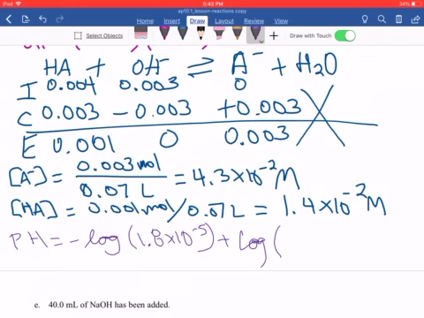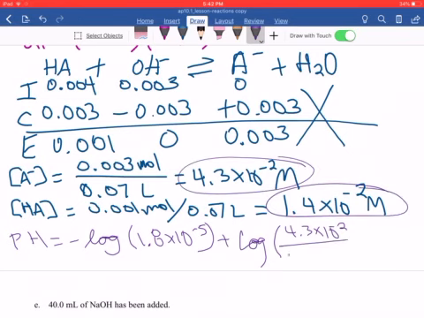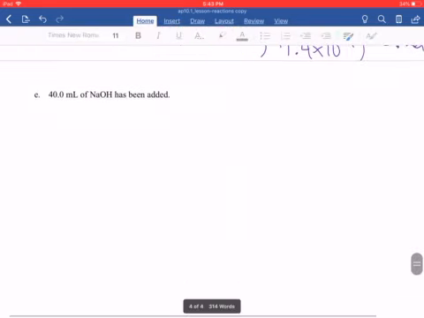Our conjugate is 4.3 times 10 to the negative 2, I'm getting that from right here, and our acetic acid is 1.4 times 10 to the negative 2. Simplify that in your calculator, and you should end up with a pH of 5.22. All right, we're almost there.